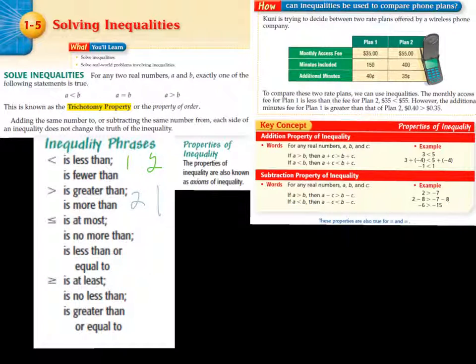And just in case, I thought I'd mention 1 is less than 2. 2 is greater than 1. The small end of the inequality points to the smaller number. The big end points to the bigger number. Big N, big number, small n, small number. Some people are confused by what the symbols mean. Hopefully that's helpful.